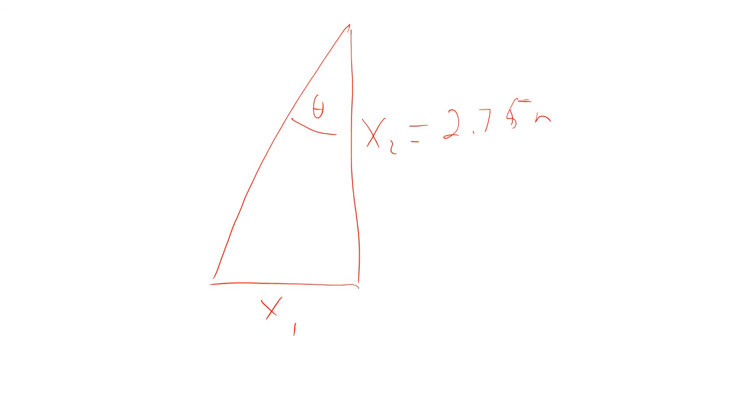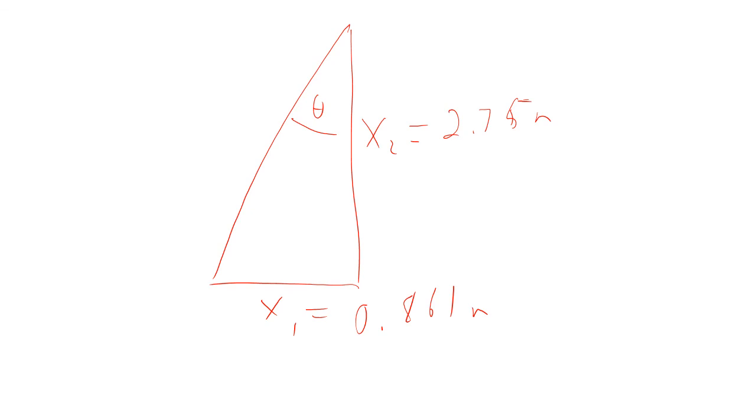Now we have x2 and x1, and we're looking for this angle right here. We were given that x2 is 2.75 meters. We just calculated that x1 is equal to 0.861 meters. So I want to find theta.